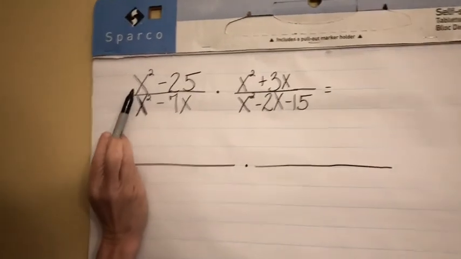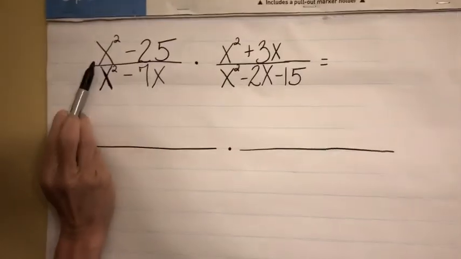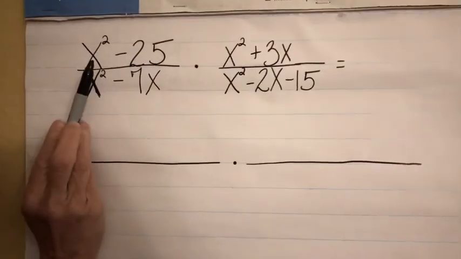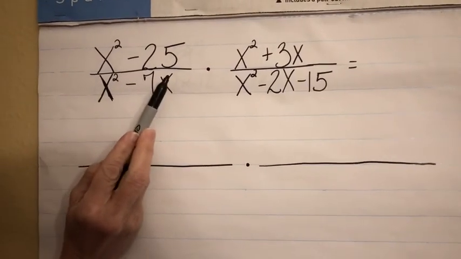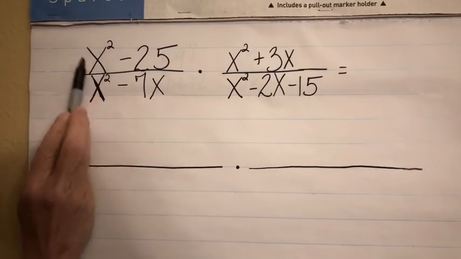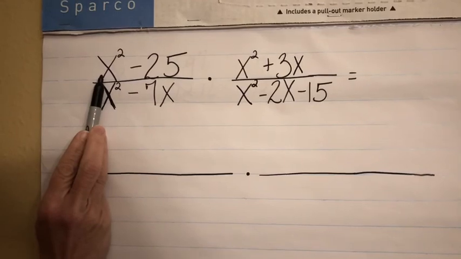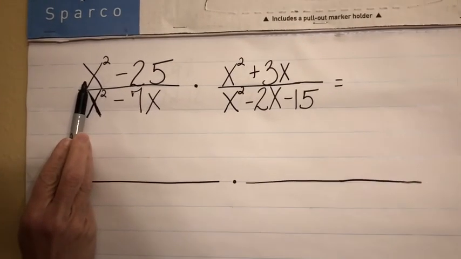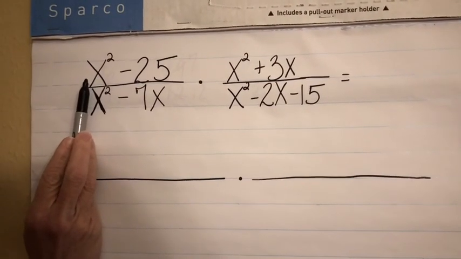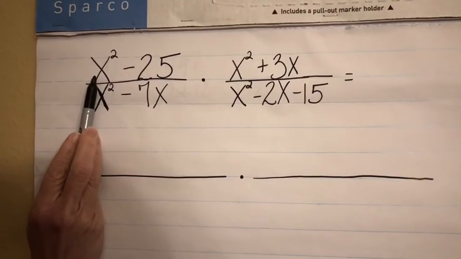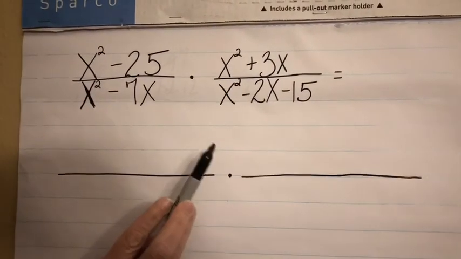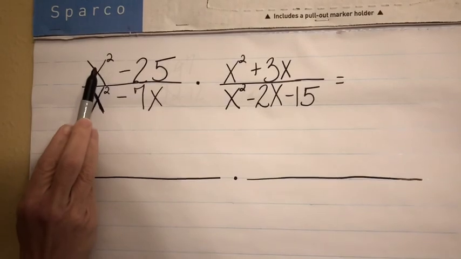So if you look at the numerator, x squared minus 25, hopefully at this point in time you can recognize that this is a difference of squares. And when we have a difference of squares, we know that's actually quite simple to factor. So that's going to be your first step. On all of these types of problems, you want to factor first.